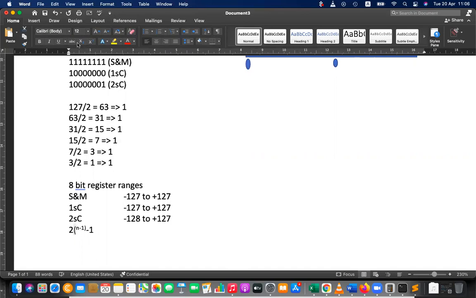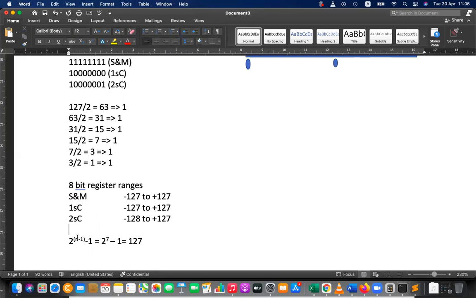But in 2's complement, there will be an additional one. 2 to the power n minus 1: you can write 2 to the power, how many bits? 8 bits. 8 minus 1 is 7. What is the value of 2 to the power 7? 128. Minus 1 will be 127. So this is how you find a general number.